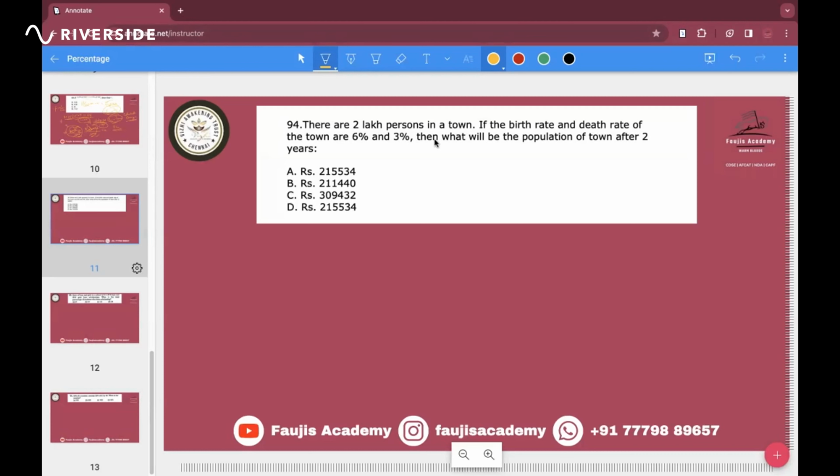Absolutely. I have been telling you something called multiplication factors, something like 1.1, saying that this is equivalent to 110%. So how will you write 106%?